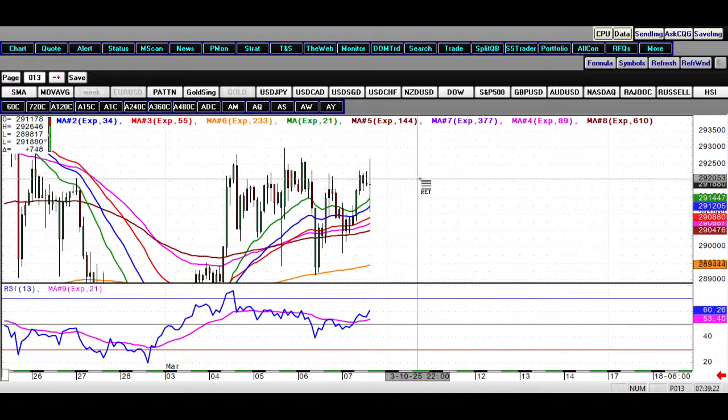Just try to close it first. Then we can go for a re-entry again, because during this time the market can be very choppy and can move in either direction. So we have to be very careful.